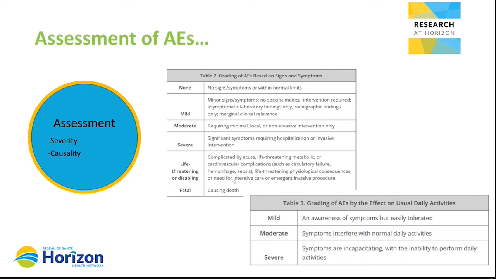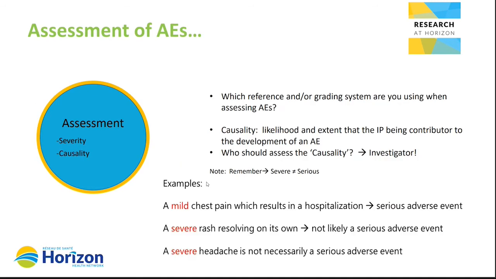Or for some studies, there is a numbered grading system, such as grade 1 neuropathy, grade 2 nausea, and so on. Or severity could be assessed by its effect on activities of daily living, as you can see here as well. So different grading system tools may be used for different study designs and different types of research. Again, that's something that you need to review in depth in your protocol and see what's specified in there.